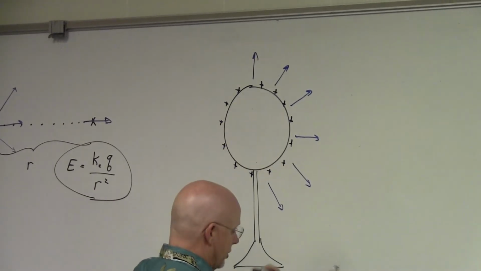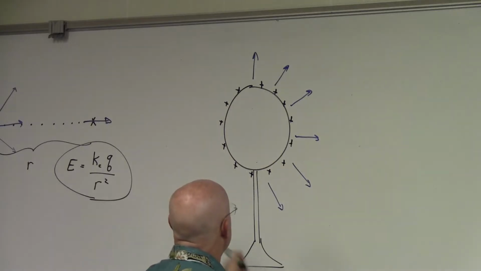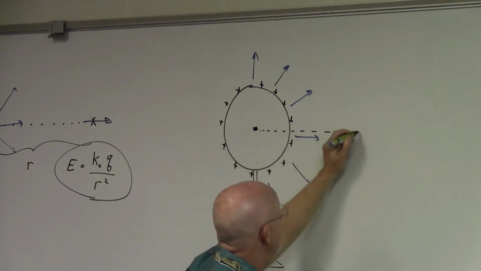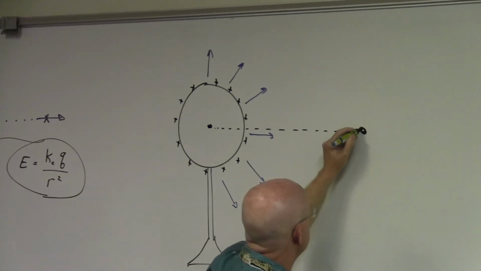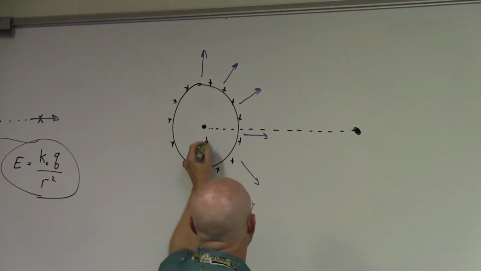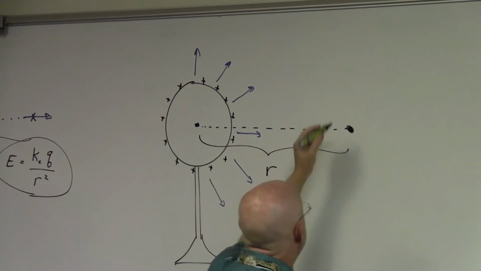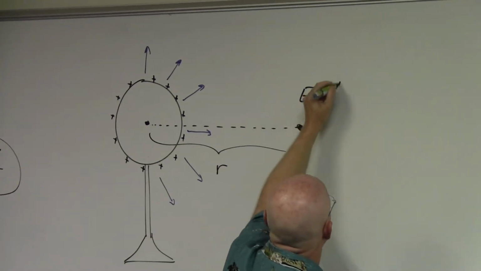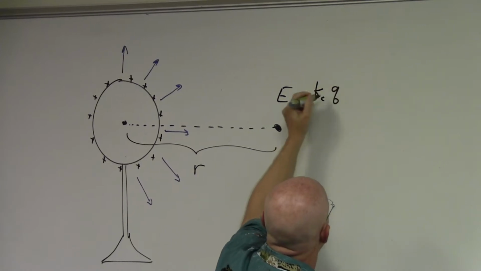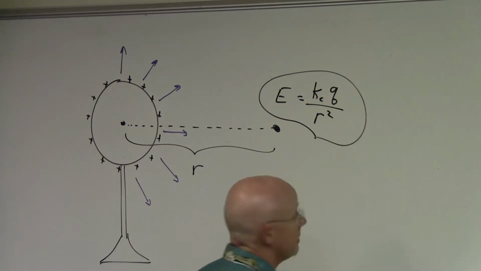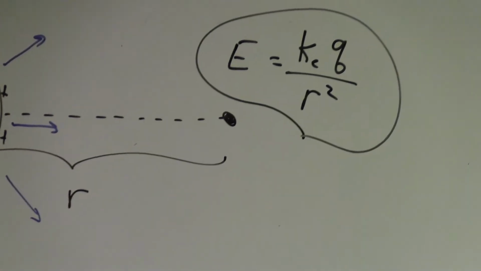And if you measure from the center of the sphere, and you come out some distance here, let's call that distance r, the value of the electric field still comes out to be Coulomb's constant times the charge over r squared. And that's kind of interesting.